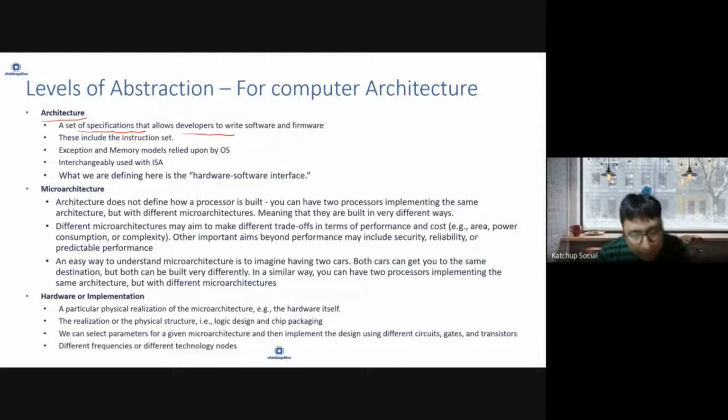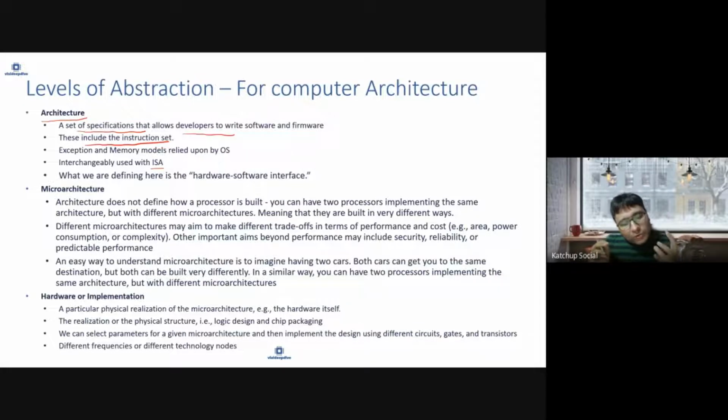This typically includes the instruction set. It includes exceptions and memory models that your OS is going to rely on. This term architecture is interchangeable with instruction set.